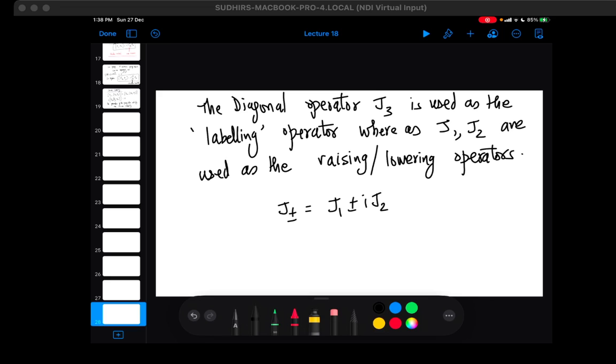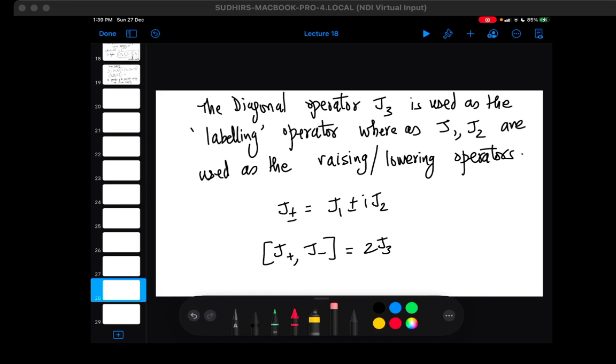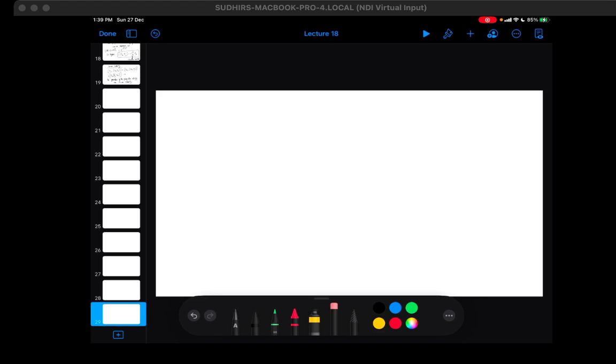Using the commutation relations of the sigma matrices, we end up with these relations: the commutator of J plus and J minus is equal to 2J3, and the commutator of J plus minus with J3 is equal to minus plus J plus minus.